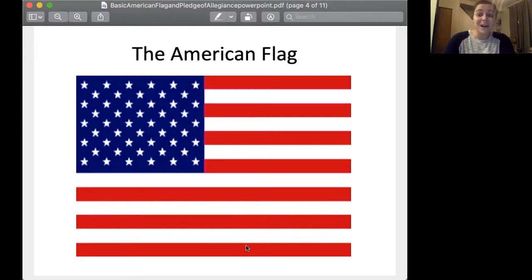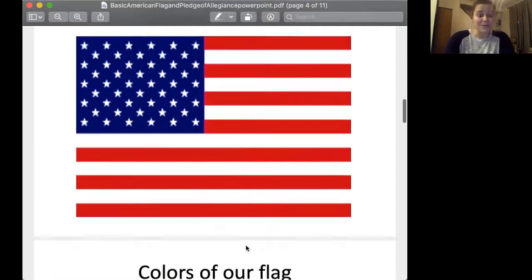What comes after 12? 13. 13 stripes. And they alternate, meaning they have a pattern, just like we have in math and we learned with Miss H. We have A, B patterns. Red, white, red, white. Pretty cool.